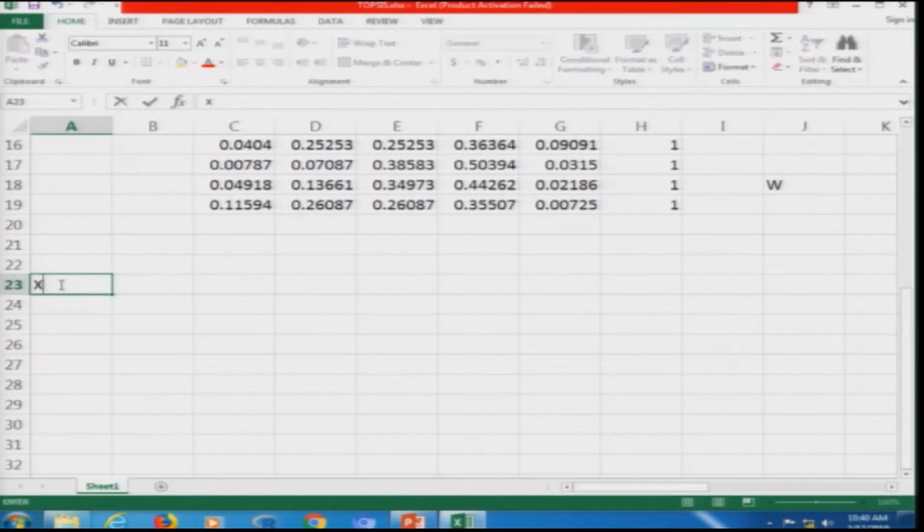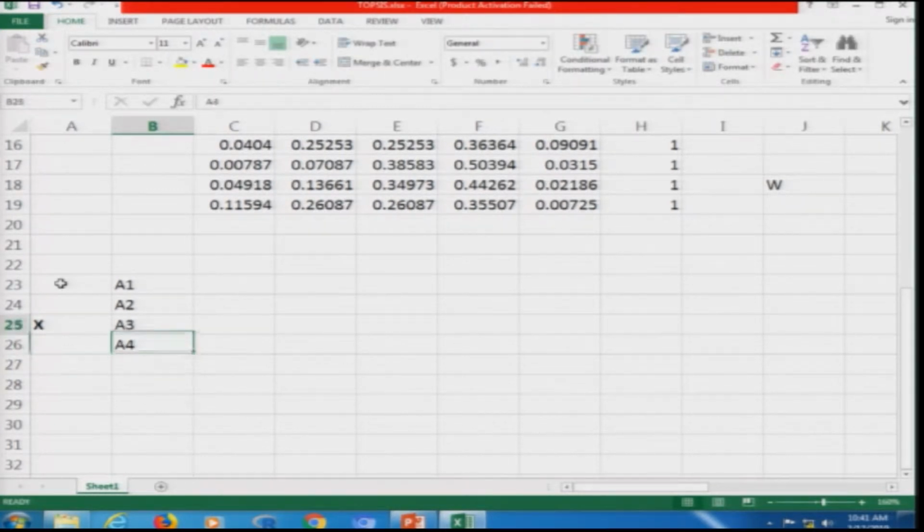So, this I will mention as x. I will consider A1. I am writing it so that everything is easy for us to understand. I will take 4 alternatives, and I will take a little bit more number of criteria.